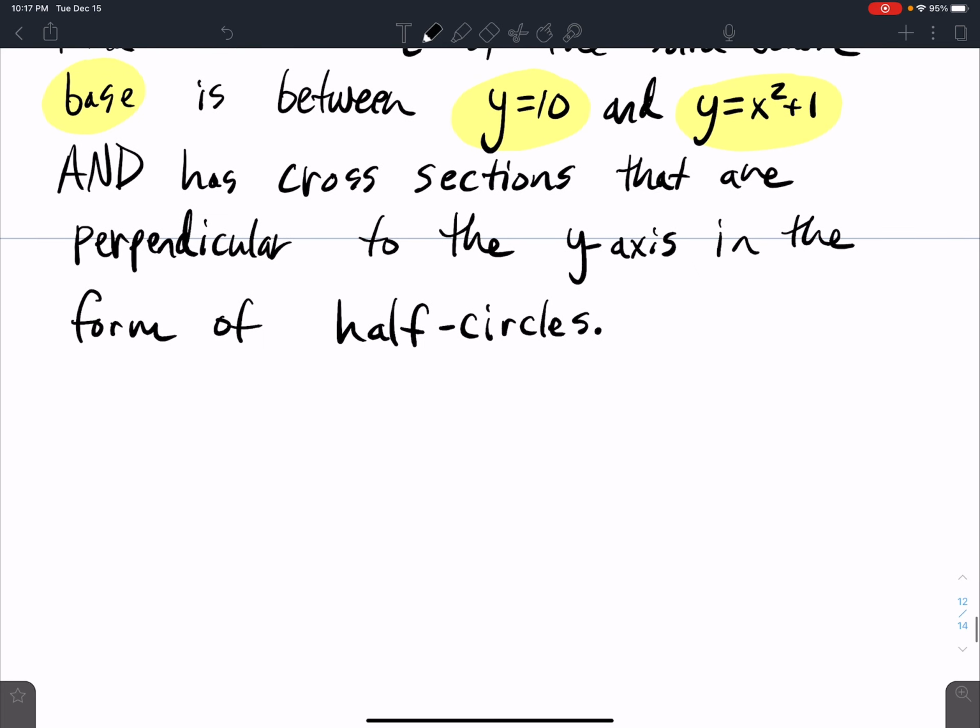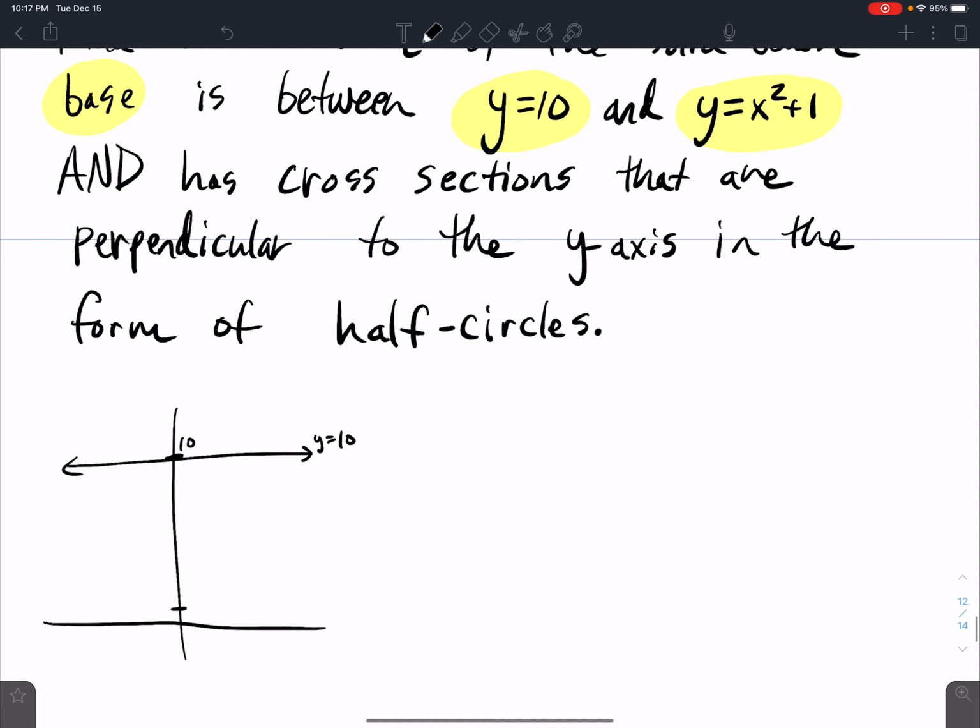So let's plot that real quick. Y equals 10 is a horizontal line at 10. Y equals x squared plus 1, I shift the parabola up 1 unit, and then we come up just like this.